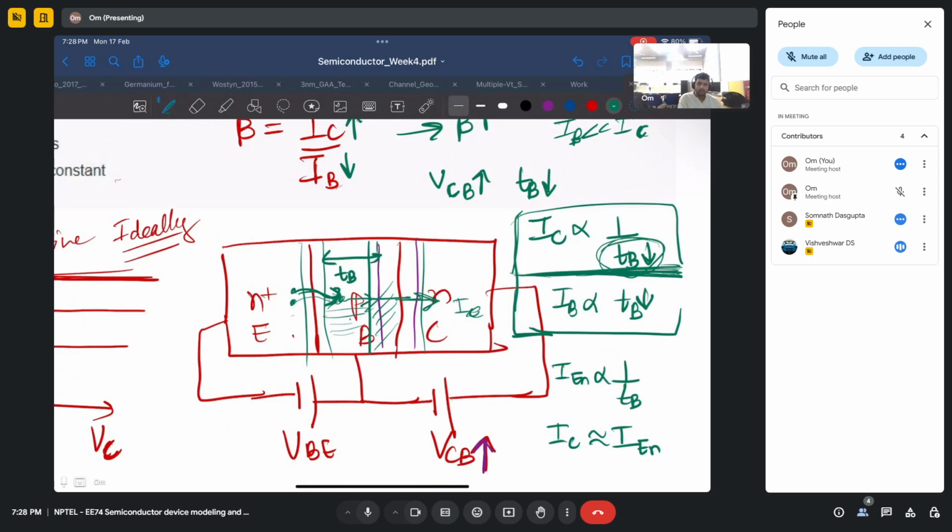Device modeling, semiconductor device modeling, what would be the use? You may not be doing the modeling on your own, that's true, but here we are just discussing the basic physics. That will definitely be helpful when you are working on larger circuits, at some larger scale, in whatever electronics you work on.